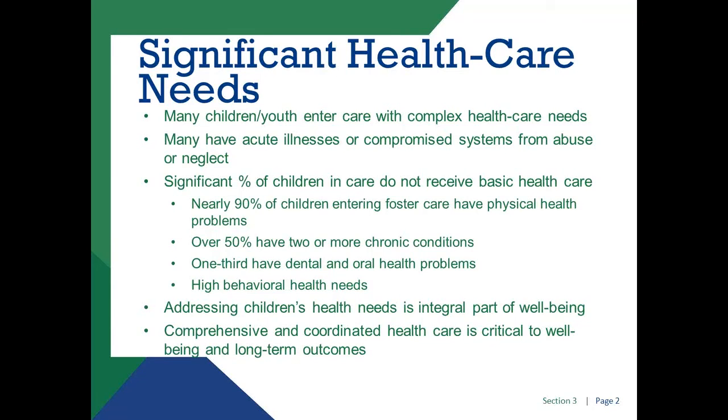As was described in the GAO report that was mentioned earlier, many children are just not receiving the screening and the health care that they need, especially given their higher rate of complex health care needs. So we know that comprehensive and coordinated health care is a critical component of children's well-being, and it's also critical to their long-term outcomes.